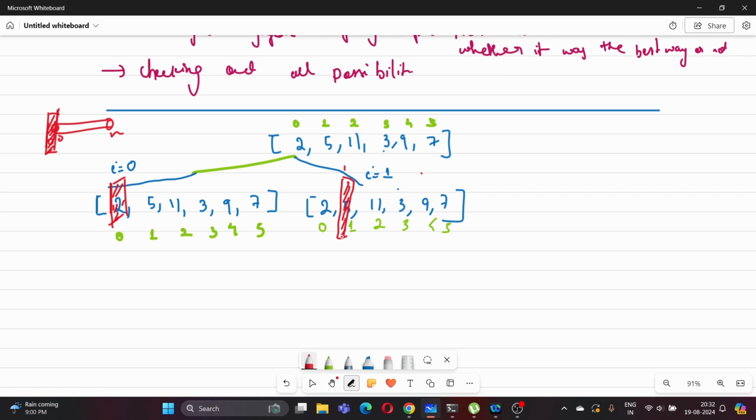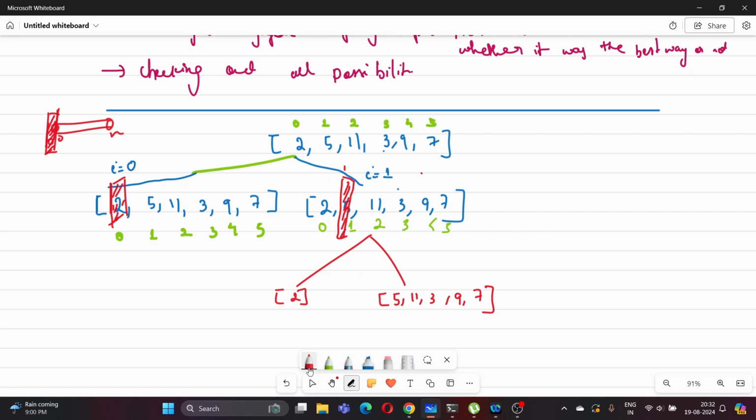Now this would change. It differentiates into two parts: 2 stays here, and 5, 11, 3, 9, 7 goes here. Partition means slitting, cutting a slit in between two parts. Now this makes a difference.